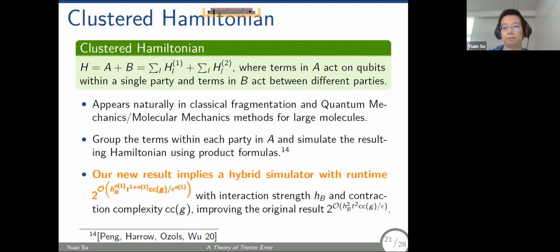It's useful in some of the classical methods for simulating large molecules. There are results that design a hybrid classical-quantum simulator for this kind of clustered Hamiltonian, and the algorithm also uses product formulas. So we are able to apply our new analysis to improve the runtime.